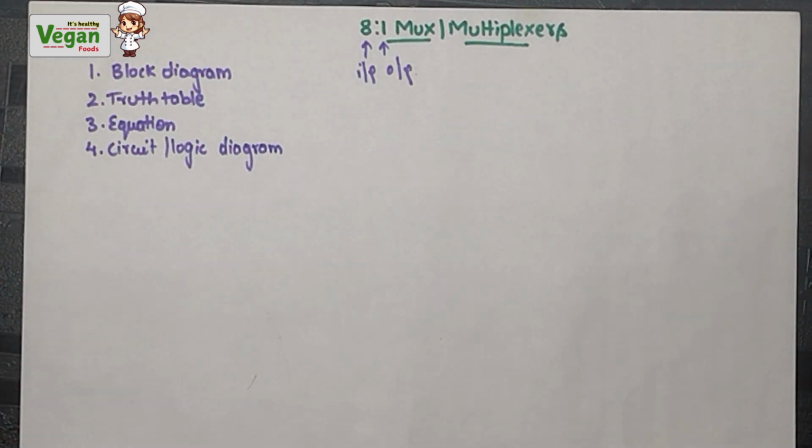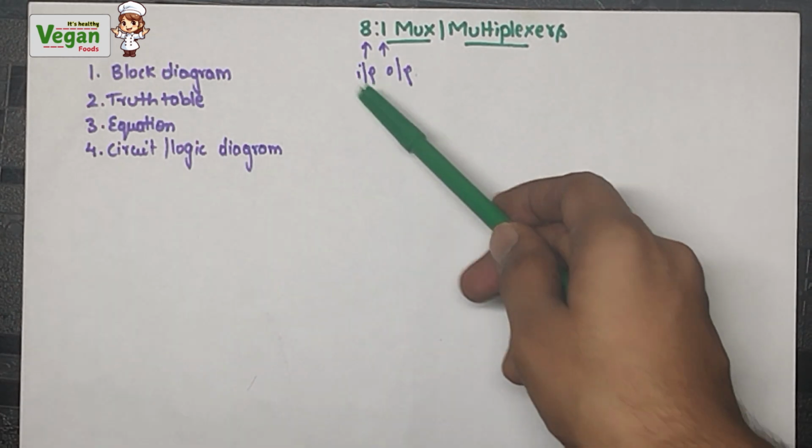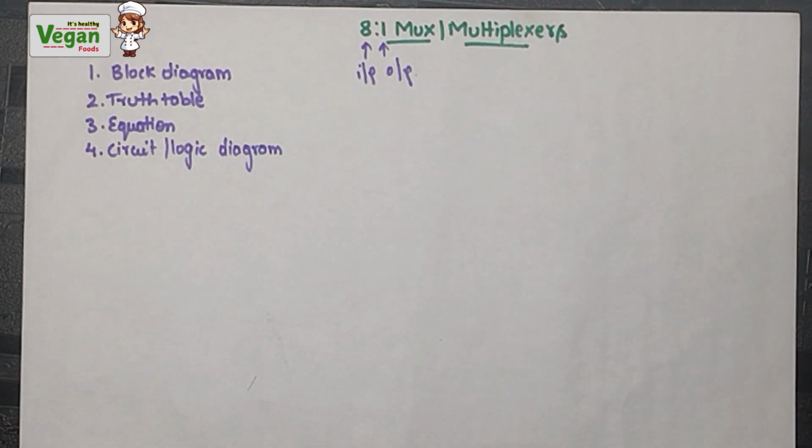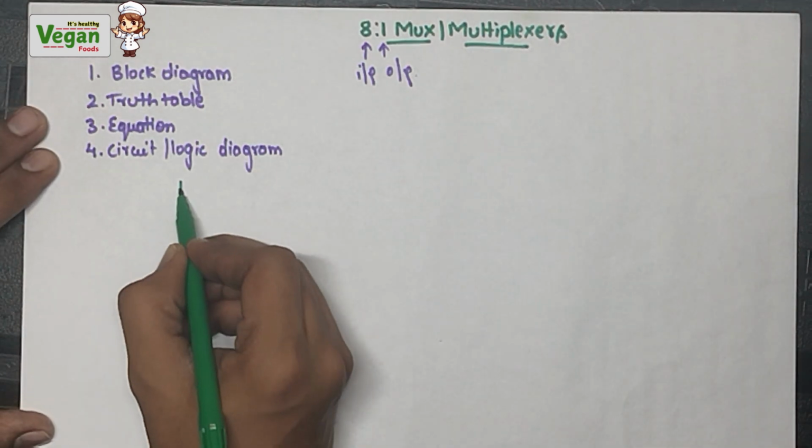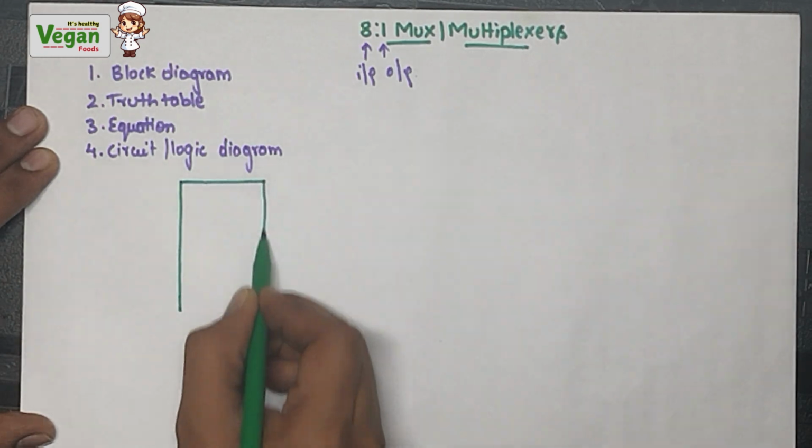So, at first let's start with the block diagram. What is a block diagram? A block diagram is the simple representation of what are the inputs and what are the outputs of the given circuit. So in 8:1, I already said that there will be 8 inputs and only 1 output. So we can easily represent them in a block diagram.